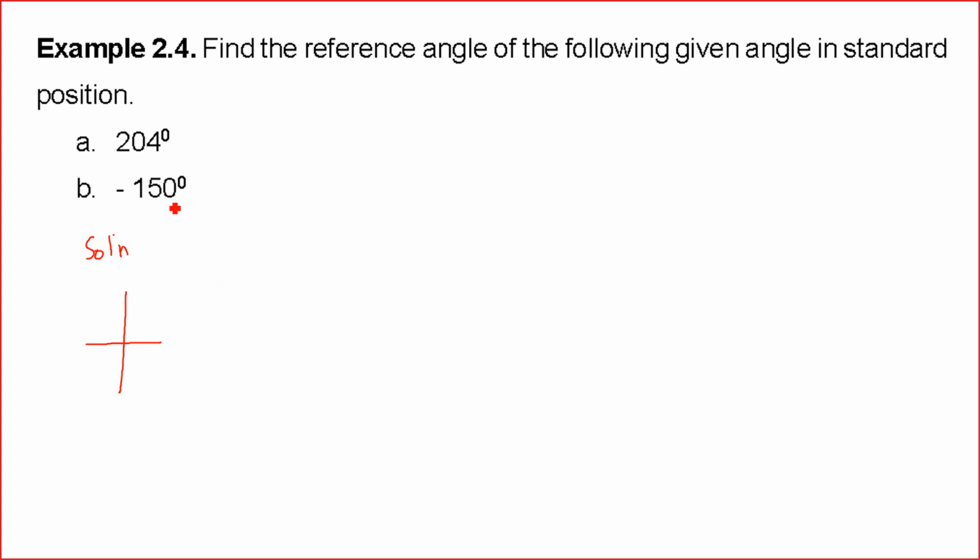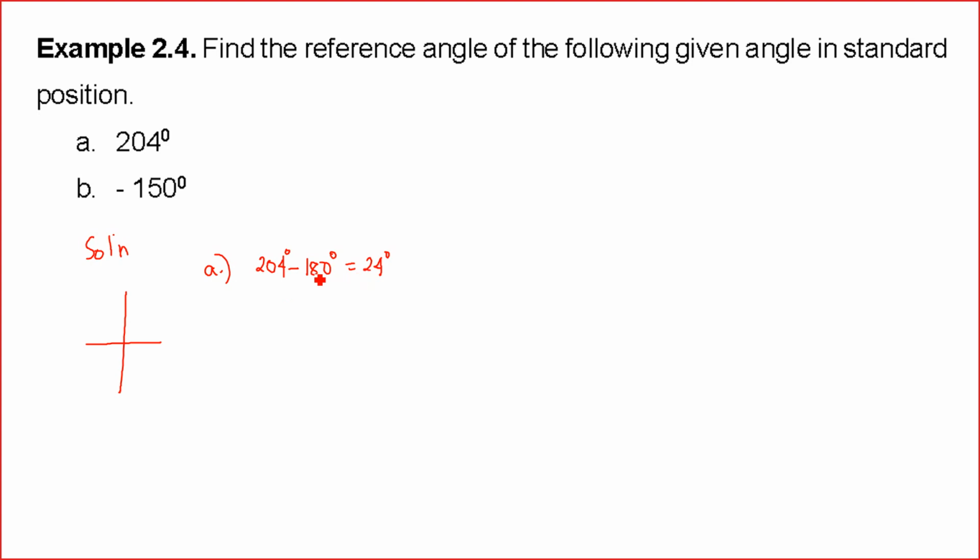So for letter A, 204 minus 180 degrees is equal to 24 degrees. In other words, the reference angle of 204 is 24 degrees.